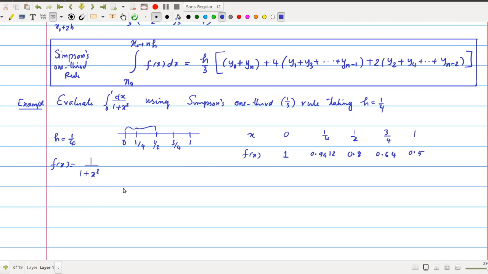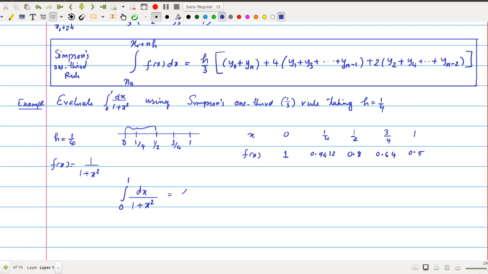Now we use Simpson's one-third rule. We have written it here. We evaluate the integral from 0 to 1 of dx by 1 plus x square.